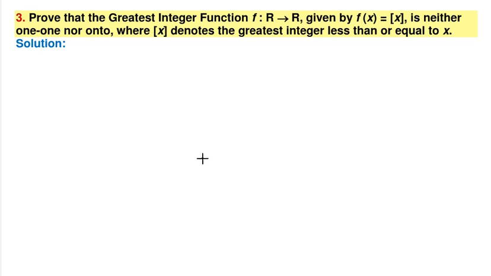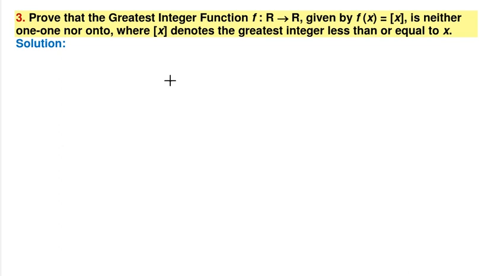Next question. Prove that the greatest integer function f, mapping from R into R, the set of real numbers with codomain also the set of real numbers, given by f of x equal to the greatest integer of x, is neither one-to-one nor onto, where the square bracket of x denotes the greatest integer function.